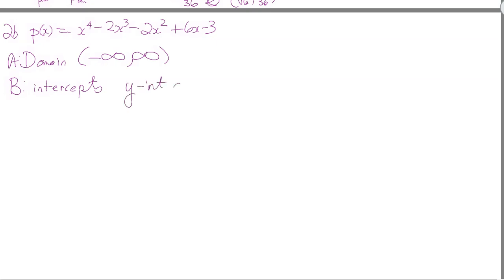The y-intercept is what? Negative 3. X-intercept.